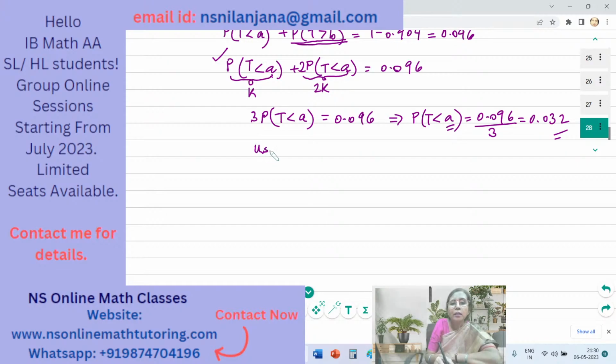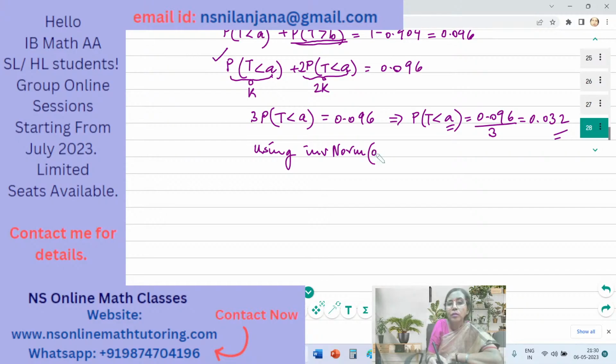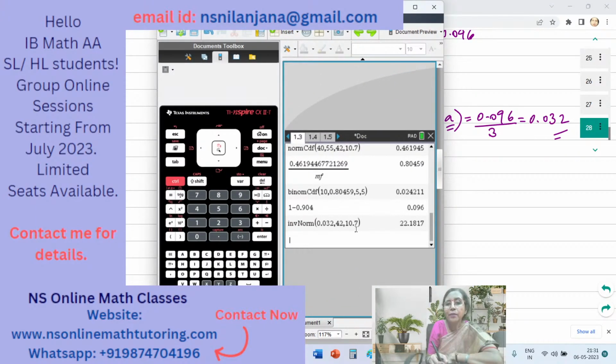Therefore, A, using inverse normal, 0.032, comma 42, comma 10.7.